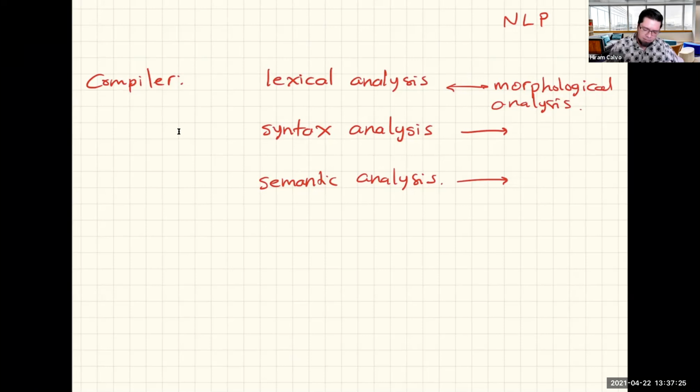So what I'm trying to do here is just to map analyzing a formal language to the way a lot of people have tackled natural language processing, which is almost the same way.